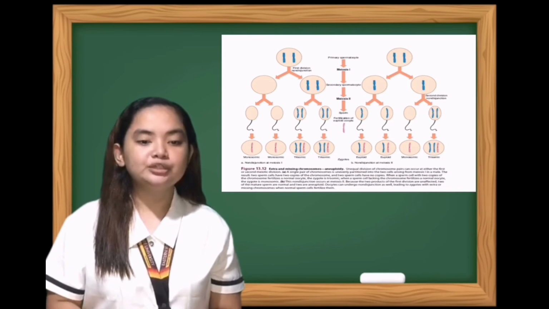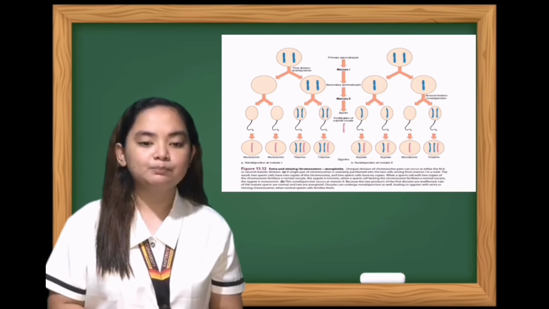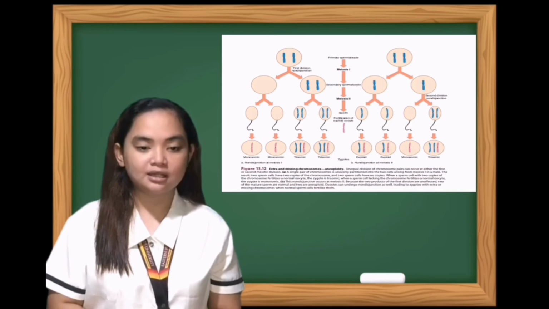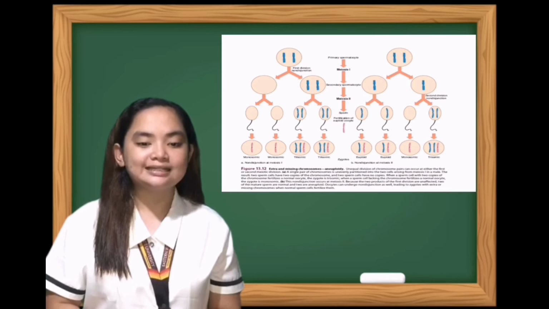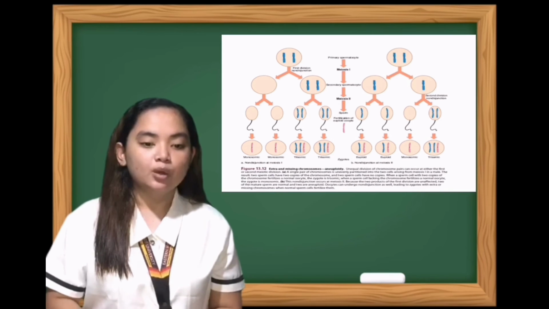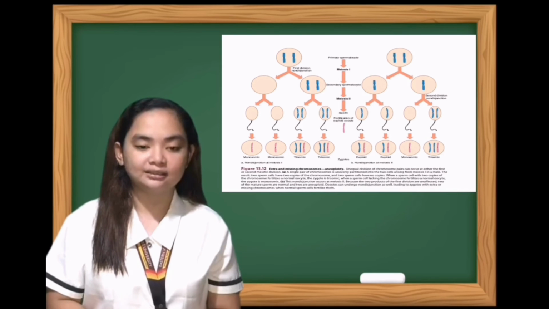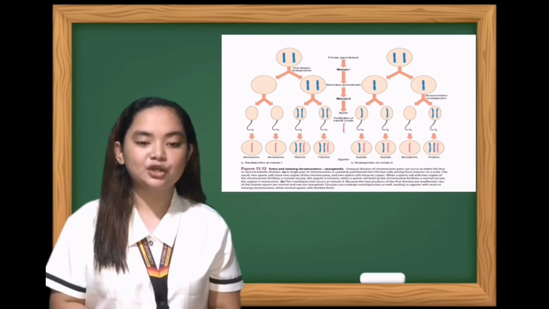The result: 2 sperm cells have 2 copies of the chromosome and 2 sperm cells have no copies. When a sperm cell with 2 copies of the chromosome fertilizes a normal oocyte, the zygote is trisomic. When the sperm cell lacking the chromosome fertilizes a normal oocyte, the zygote is monosomic.